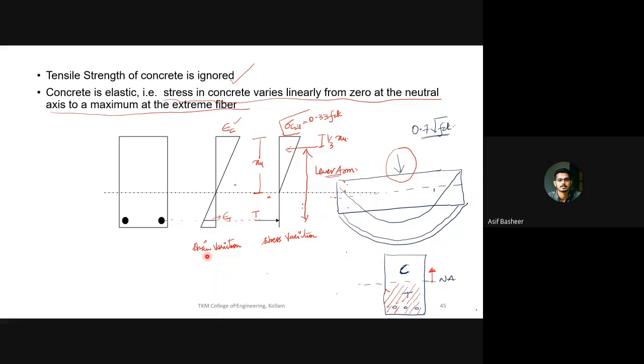Now coming to the stress variation, according to your assumption, the entire tensile stress is taken by the steel, because the tensile strength of concrete is ignored, which means whatever tensile stress is coming is taken completely by the reinforcement alone. So if I draw the tensile stress diagram, it is a single point arrow which is taken entirely by your reinforcement.